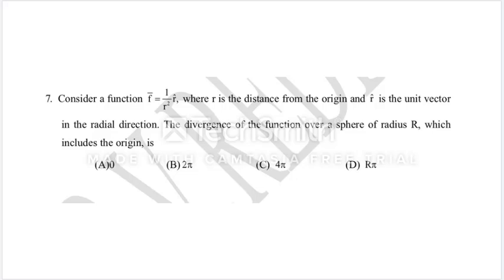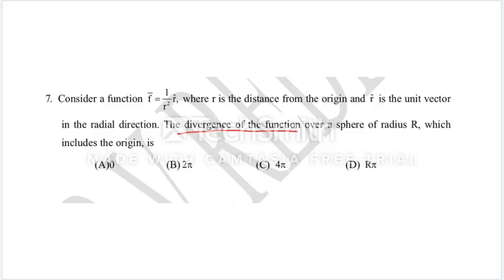I think this problem was given in GATE 2016 for electrical, and this is also a maths problem. Divergence of this function over a sphere of radius. Yes, answer 0.